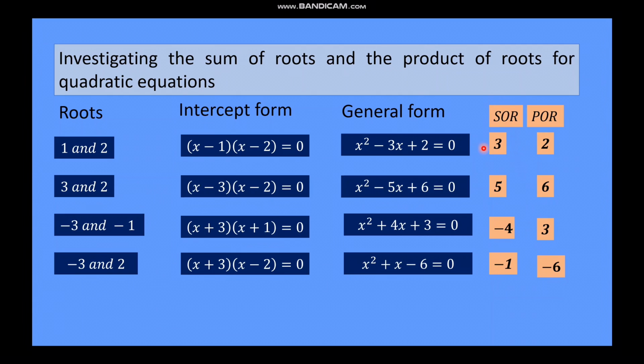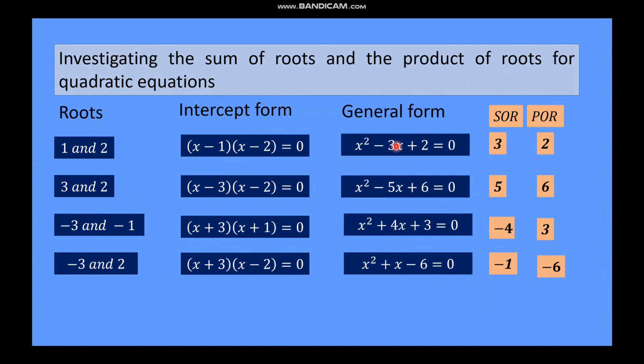Now let's focus on the sum of roots first. When the sum of roots is 3, over here is minus 3. When the sum is 5, over here is minus 5. When the sum is negative 4, in the equation is plus 4. When it's negative 1, in the equation is written as plus 1.